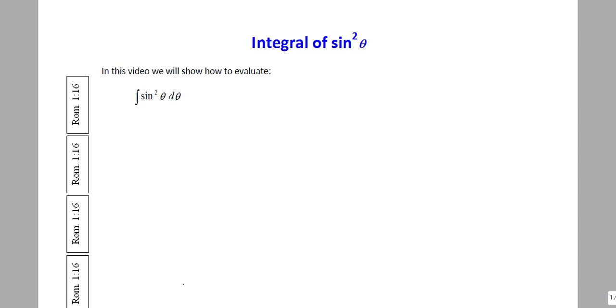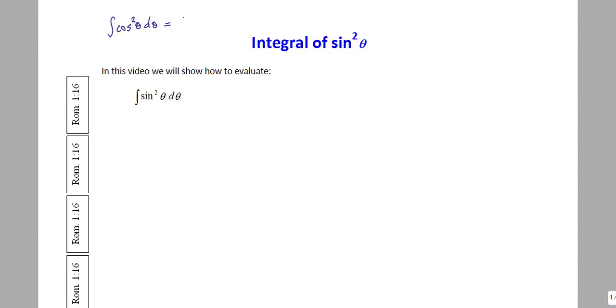We just completed the integral of cos squared theta d theta. Now let's look at the integral of sine squared theta d theta. It is found very much like it. Actually, since we have done the integral of cos squared theta d theta, let me write the result of that here to remind us. We're basically home free, but after I make this commentary, I'm going to pretend we didn't know that.